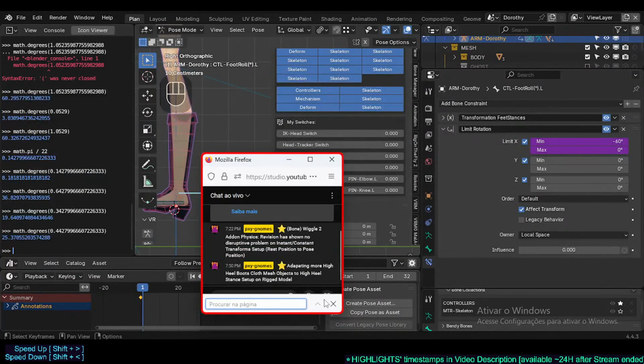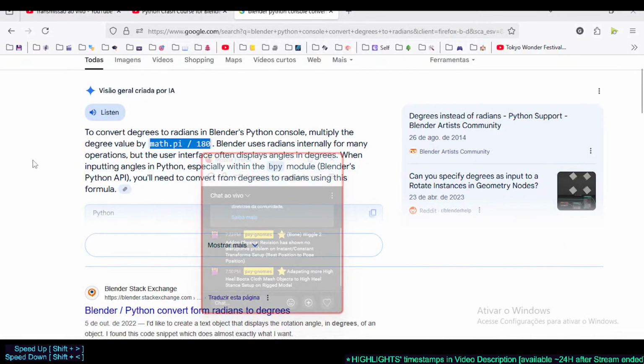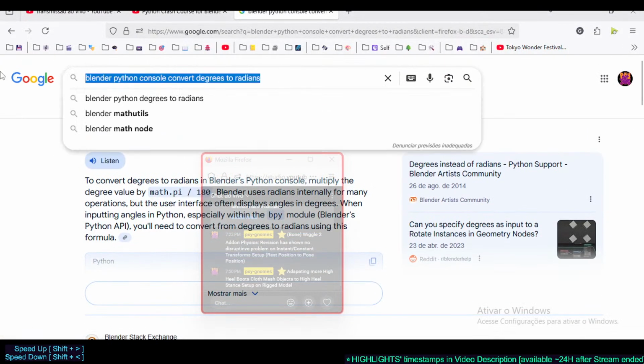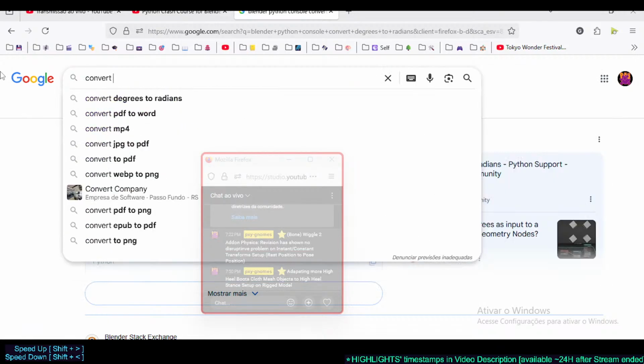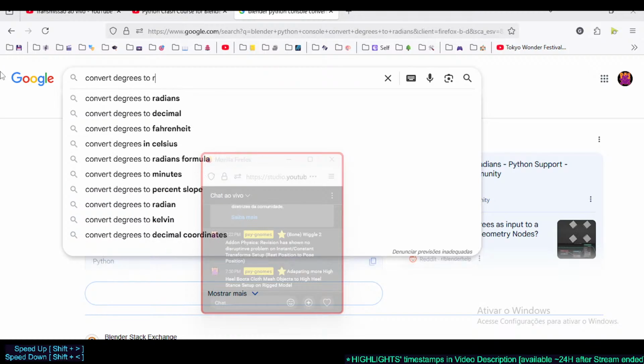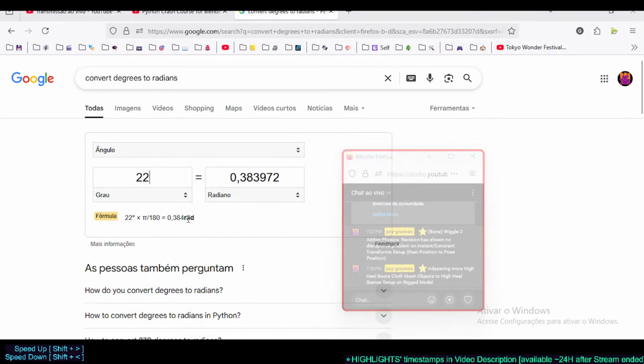I'll try, maybe it'll give a better result here. Convert degrees to radians. So I want just this.